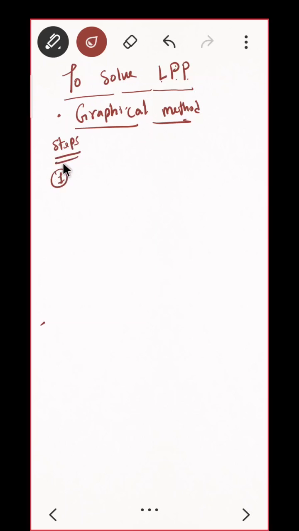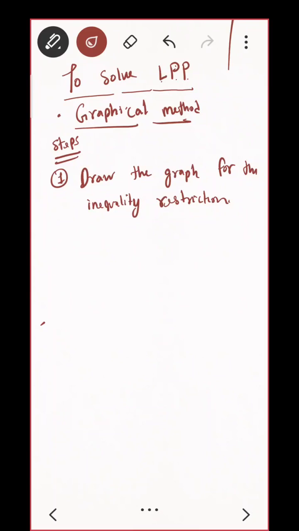Step number 1: draw the graph of the inequality restrictions.